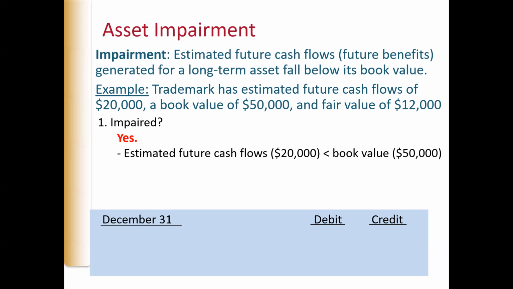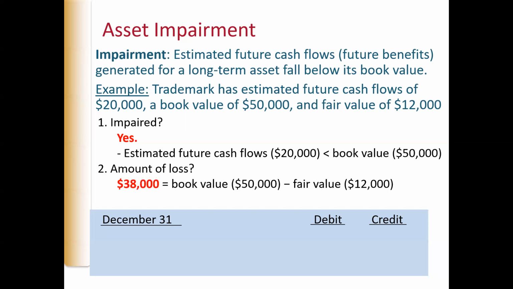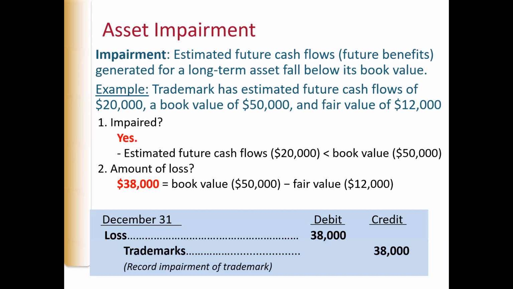If the fair value is below the book value, we've got a loss. The 50 minus the 12 needs to be written off. So the 38,000 is shown as a loss, and we reduce the trademark down by 38,000 to come up with its new fair value of 12,000.